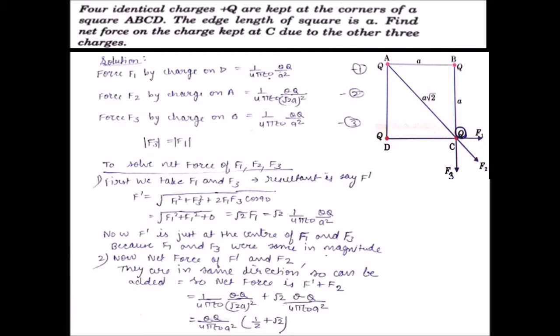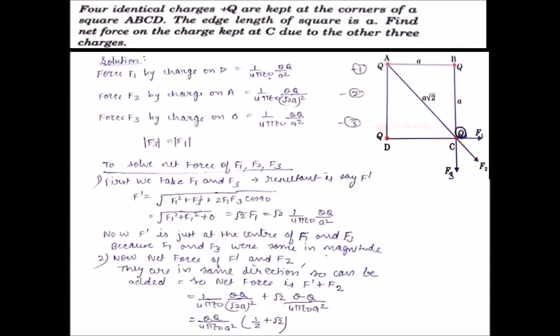The direction of F1 we can find by the property that like charges repel and unlike charges attract. Since C charge and D charge are like charges, the charge under consideration, that means C charge, is repelled by D charge. So F1 is towards the right.